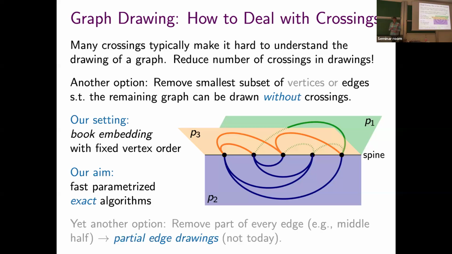Another option that will not play a role in today's talk is that you don't throw away edges completely, but you just show parts of edges. These are called partial edge drawing, and these have also been studied, but we will not look into this today. Okay, so this is the rough area where the talk will take place.